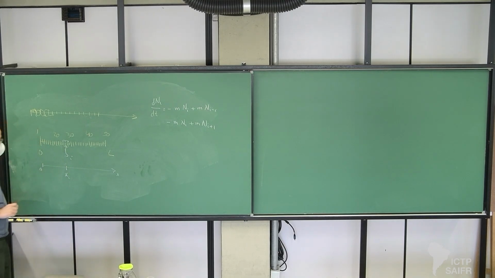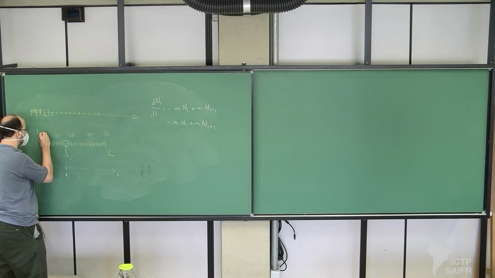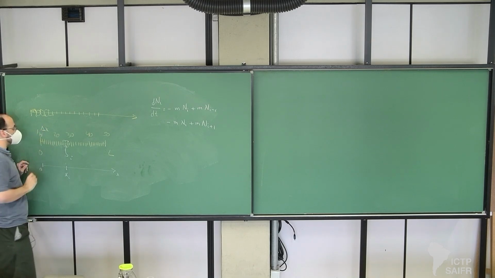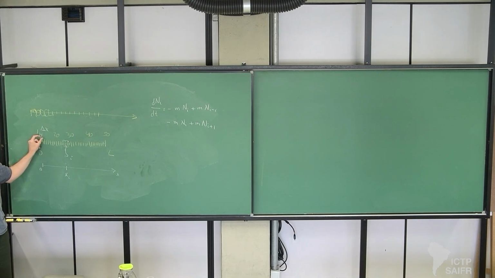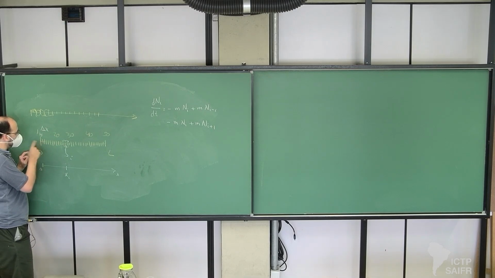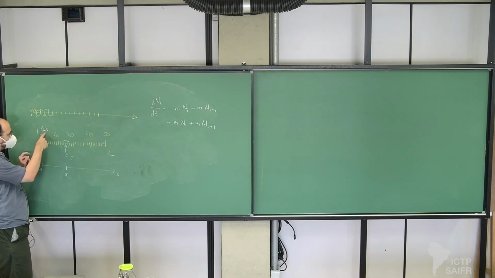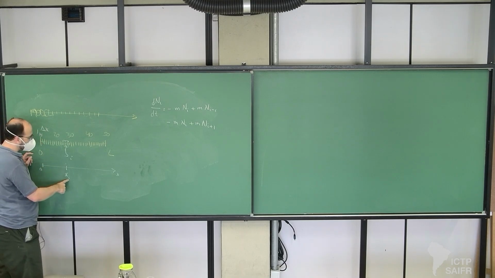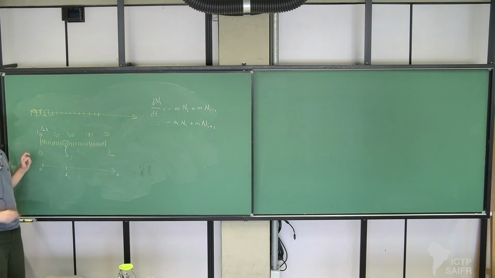What is the value of xi? If each patch is separated by a distance delta x, so this is the distance between each patch, then patch 1, actually I would better call it patch 0, is at 0, patch 1 is at 1 times delta x, and patch i will be at i times delta x, okay?